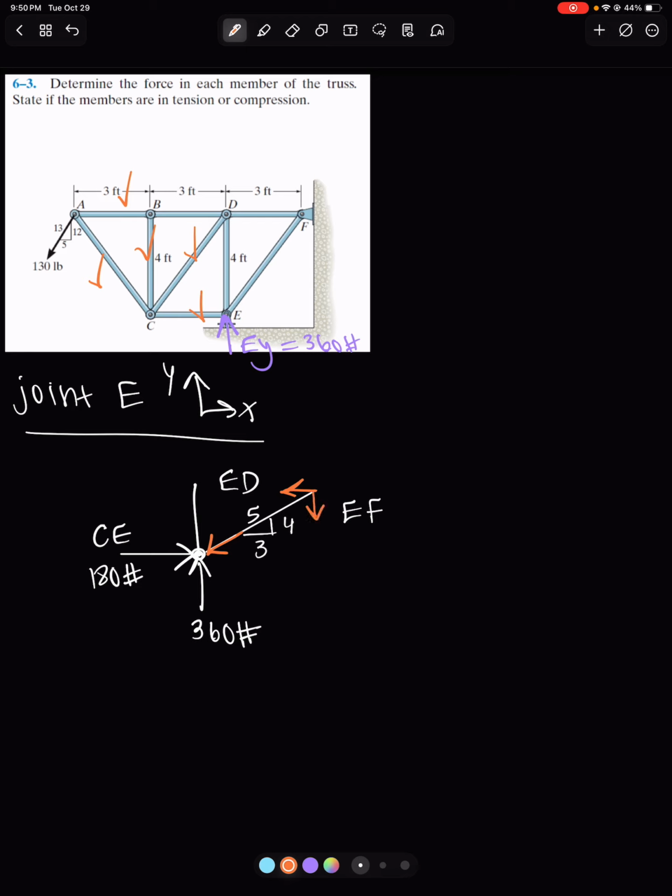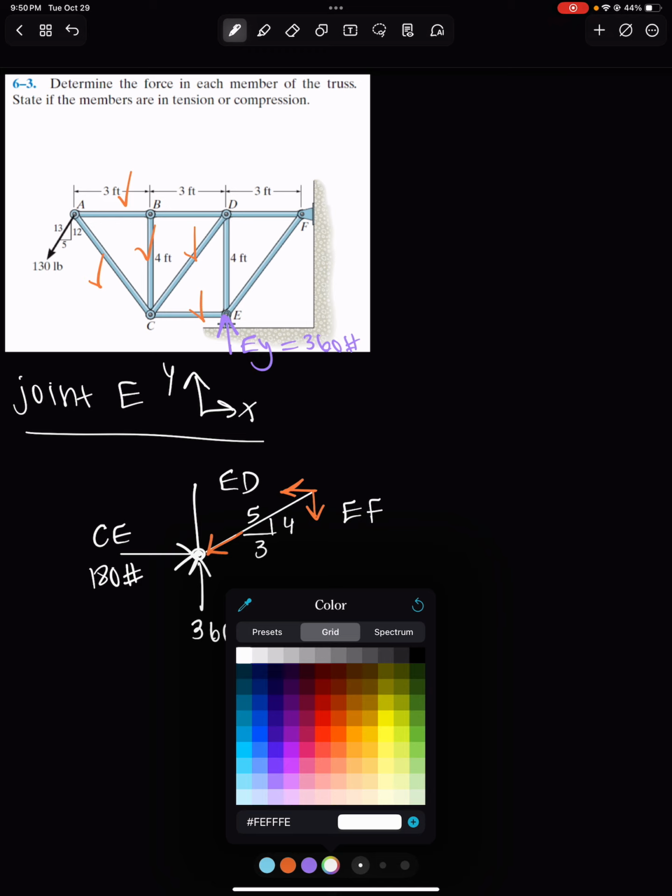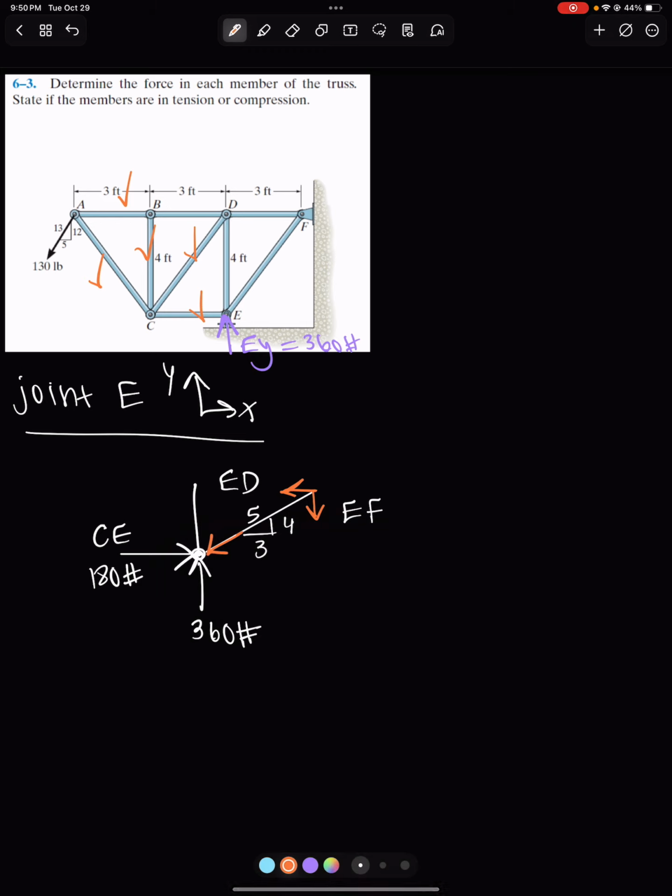Alright. This being said, you can take a guess at what direction you think that DE, ED, whatever, is going to go in. I'm going to guess that it will be a compressive force.